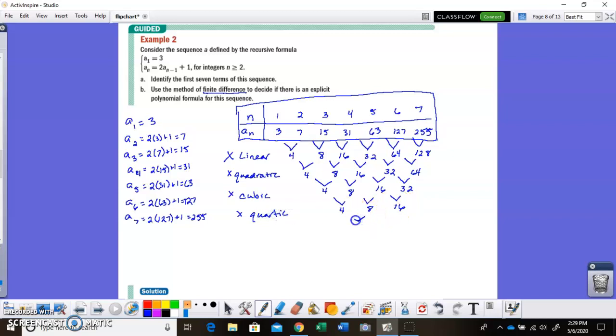And the last line I'm able to do, which is 8 minus 4 and 16 minus 8, shows us that it is also not 5th degree. There's no special term that we use.